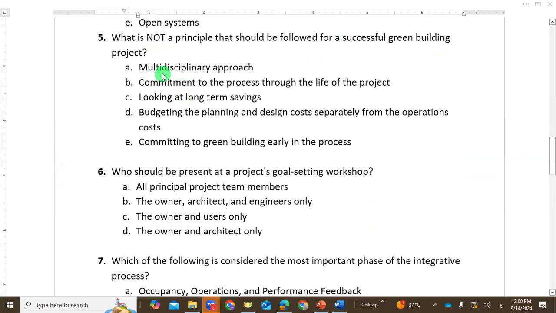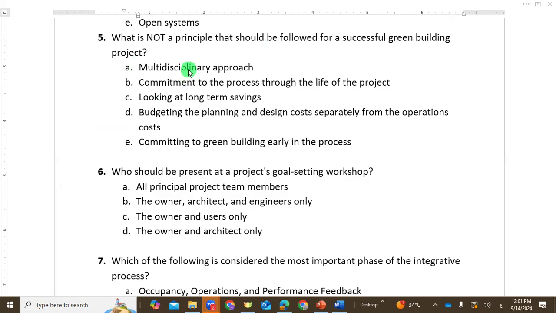Okay. Who is next for the next question? Engineer Ahmed. What is not a principle? Meaning, what is not a principle that should be followed for a successful green building project? It means all of them are principles, all of them are correct, all of them you know, except one.